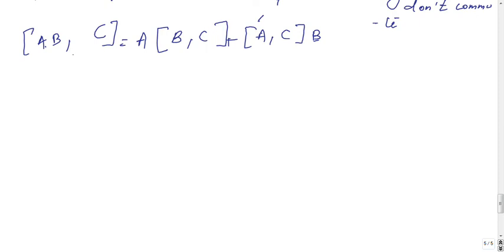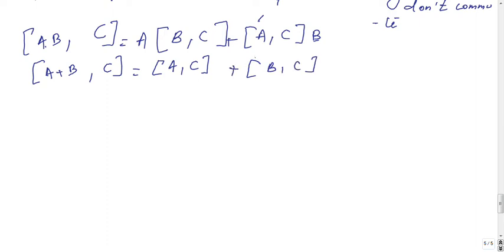Another property is, if I have a composite operator obtained by adding these two operators a and b and take its commutator with some third operator c, it is the same as taking the commutator between a and c and the commutator between b and c and adding both of them.